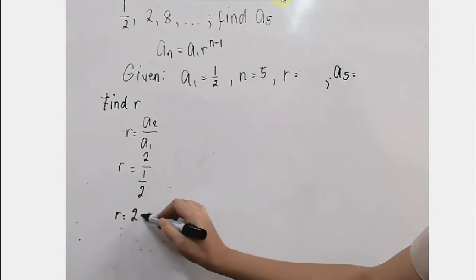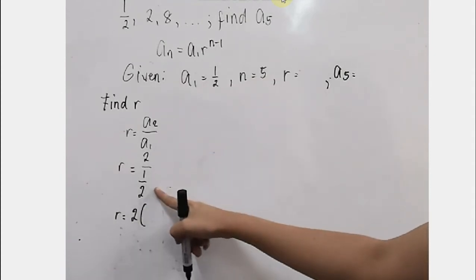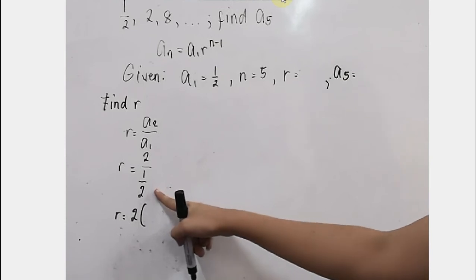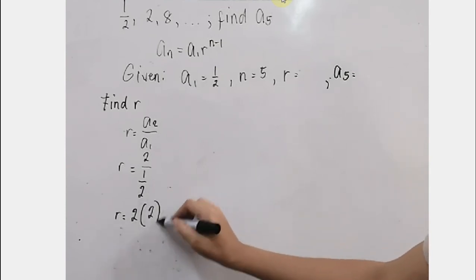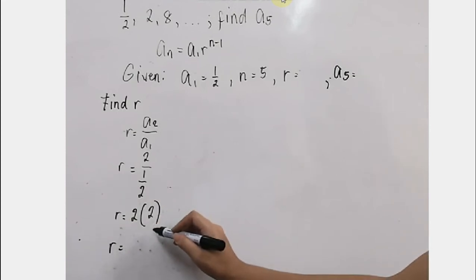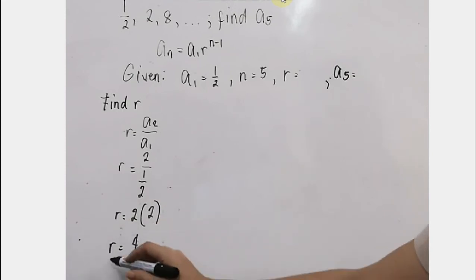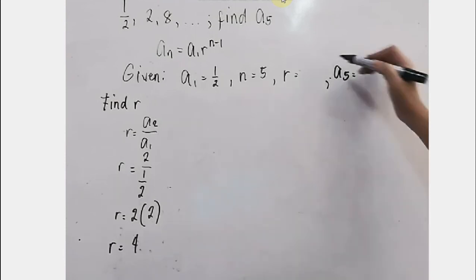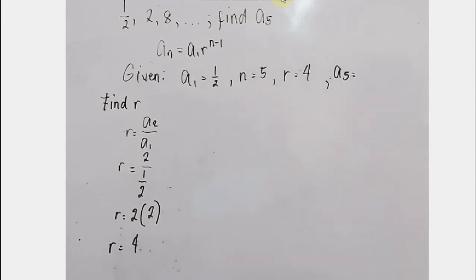Okay, so we have 2 times the reciprocal of our denominator, so that will give us 2. So, r is equal to 2 times 2. Okay, that is 4. So, our common ratio now is 4. So, lalagay natin dito 4.